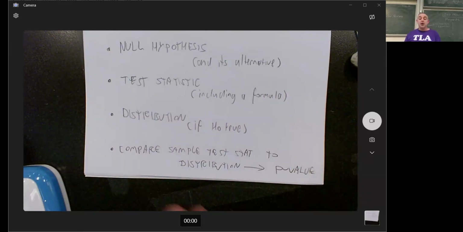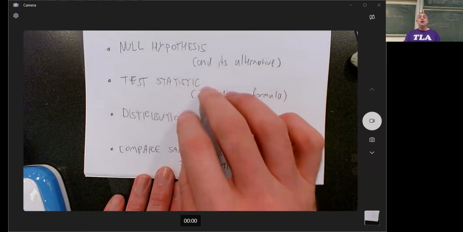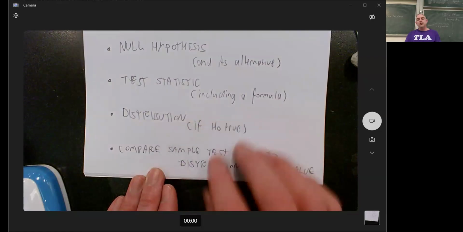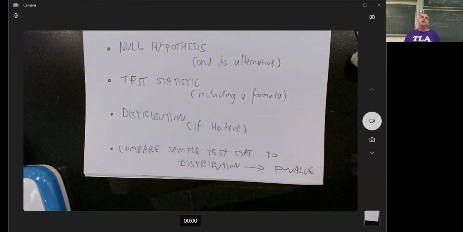And it doesn't matter what kind of test statistic you use, as long as you have a distribution, you can get a p-value and then you can make your decision. That is how hypothesis tests work. They have those things. And the reason we have the calculations that we do is so that the distribution is one that we have a formula for, or at least a table for.